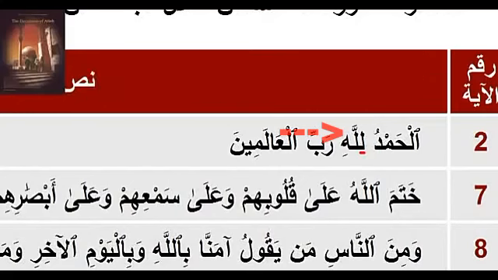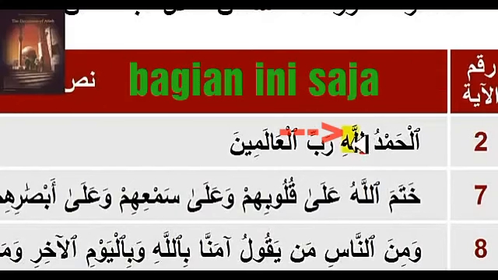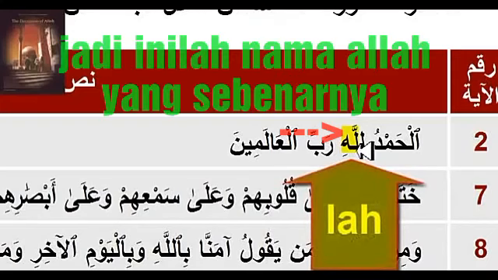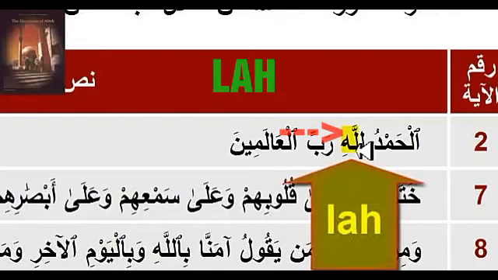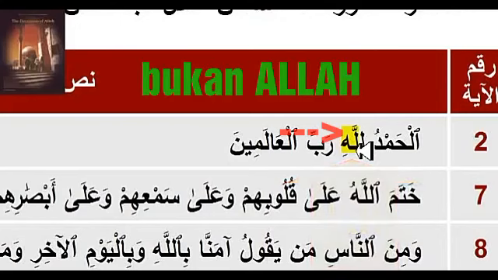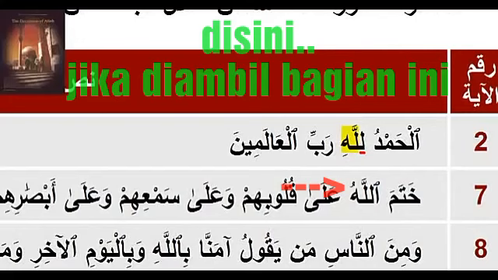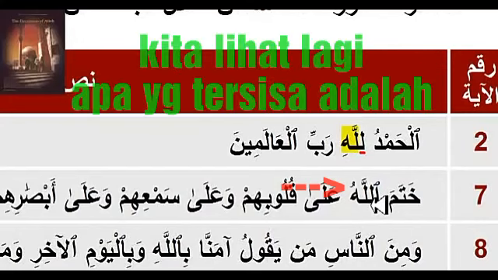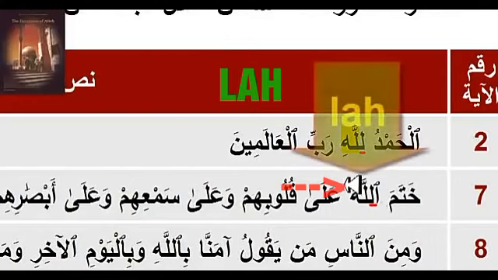What is left is this part only. So this is really the name of Allah: Lah. Lah. It is not Allah. And here, if we take this part, which is the AL, which means the, we will notice again that what is left is Lah.